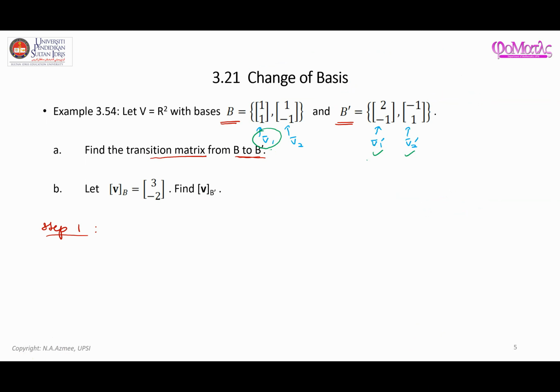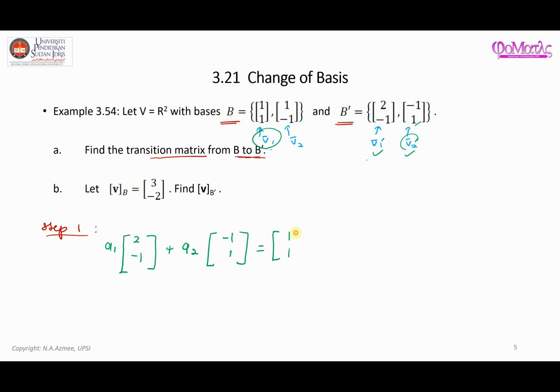And for that purpose, I'm going to call it a1 for the scalar next to this vector. So a1 (2, negative 1) comes from here, plus another scalar that we need to find with vector 2 here. So negative 1, 1, and it must be equal to this first vector from the old basis, okay?